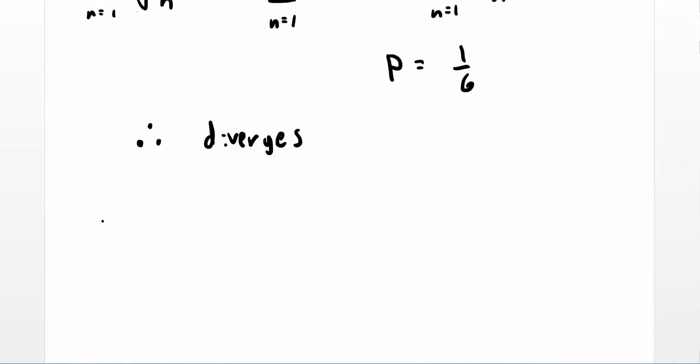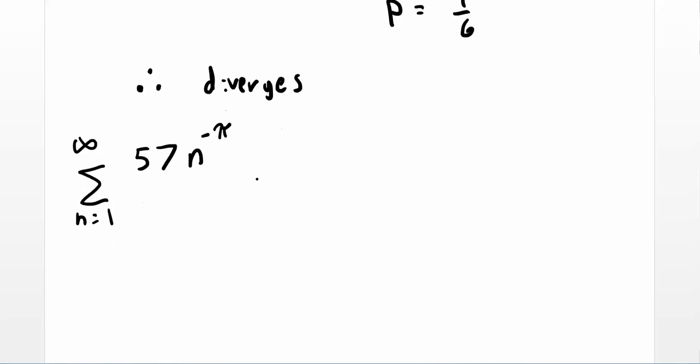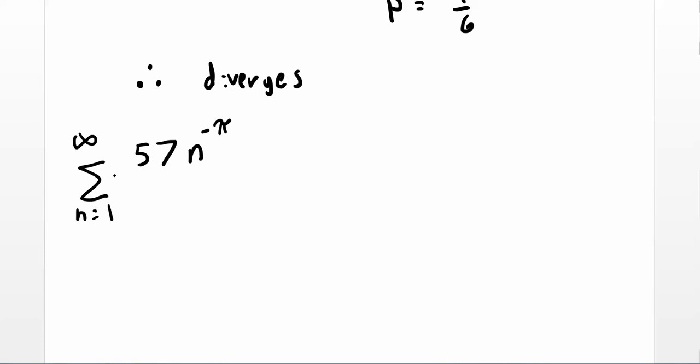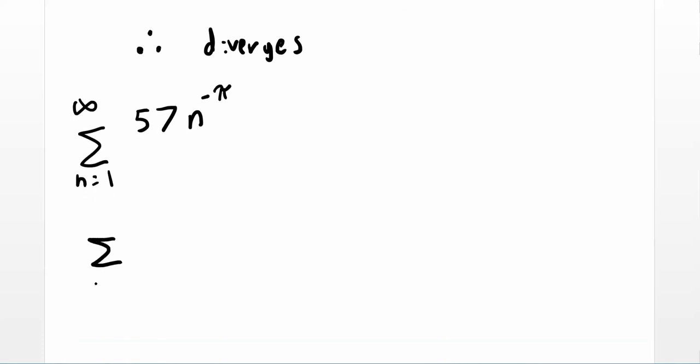Okay. Go to another example. So, rewriting this becomes 57 over n to the pi.